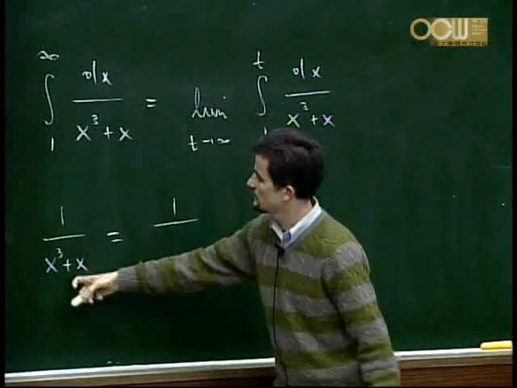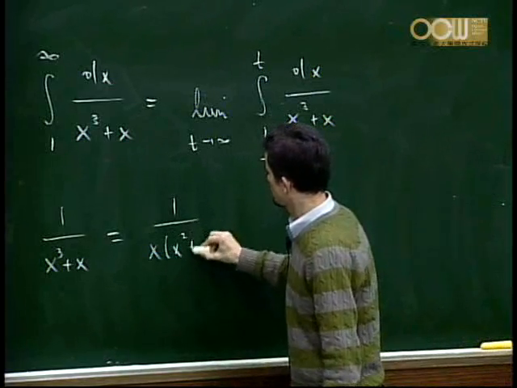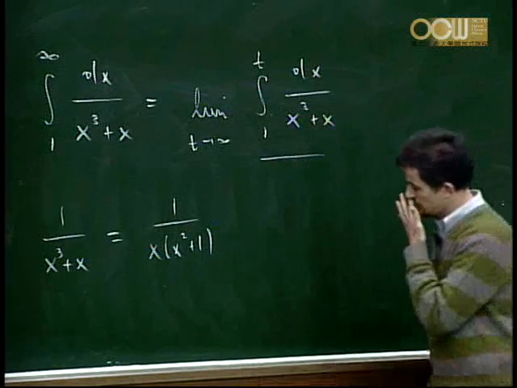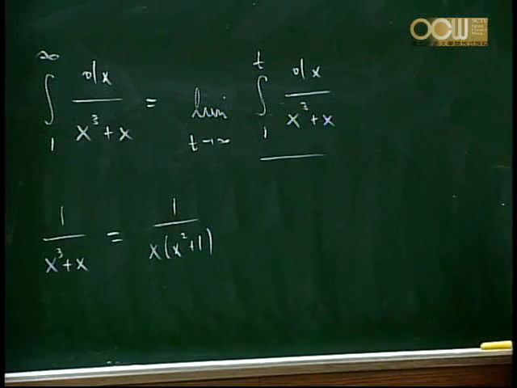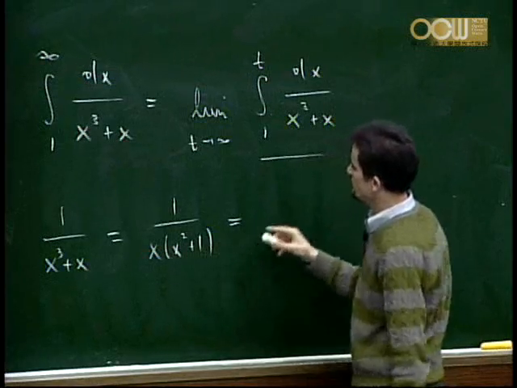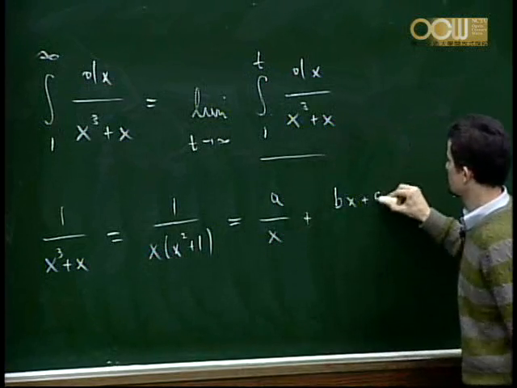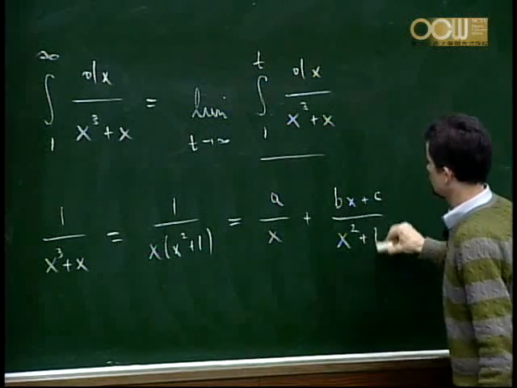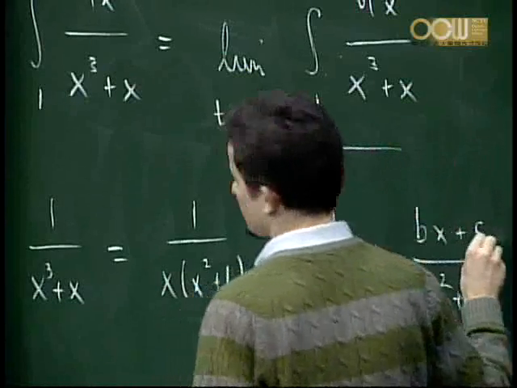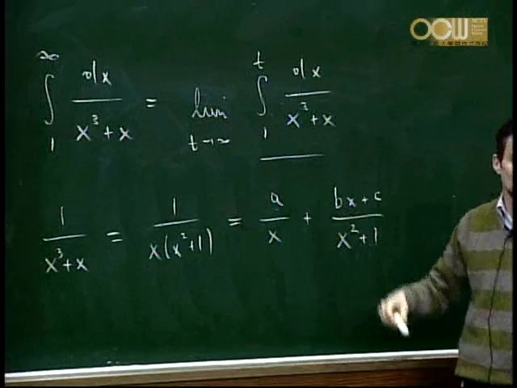You can factorize the denominator as x times x squared plus 1. So we use partial fractions. We know this can be written as a over x plus b x plus c over x squared plus 1. Then we find a, b, and c, plug everything in, integrate, and then evaluate the limit.